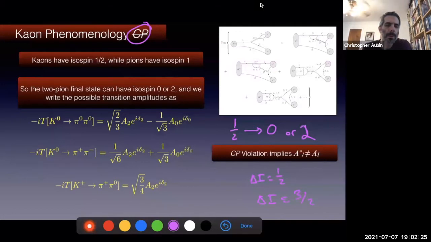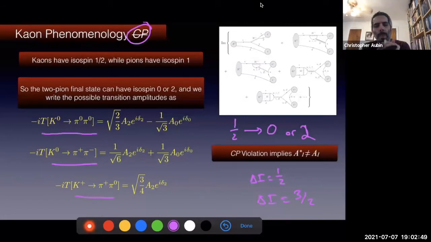The three most prominent processes that we'll discuss are shown here. I'm showing the transition amplitudes for K naught goes to 2 neutral pions, K naught goes to pi plus, pi minus, and of course, a charged kaon goes to a pi plus and a pi naught. We can write this generally in terms of these amplitudes A2 and A0.